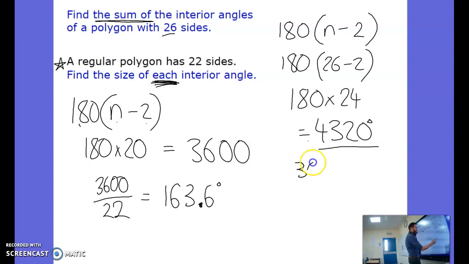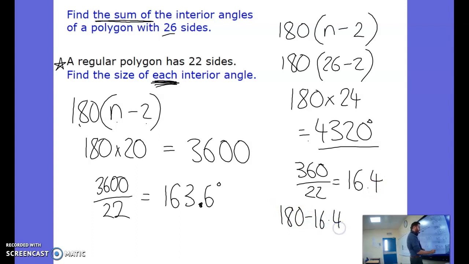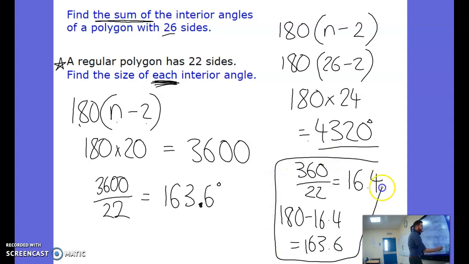I could do 360 divided by 22, which would give me, I think, 16.4 or something like that. That would be one exterior angle, and then I could do 180 minus 16.4, and that would give me 163.6. So there's a couple of different ways of doing it. They both lead to the same answer. I personally prefer using this one, but it's nice to be aware of both.